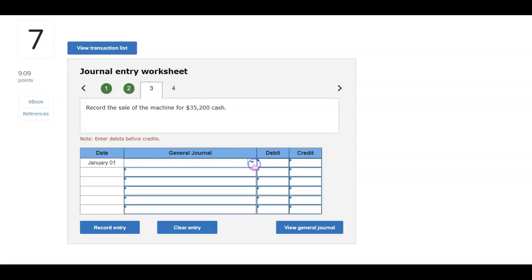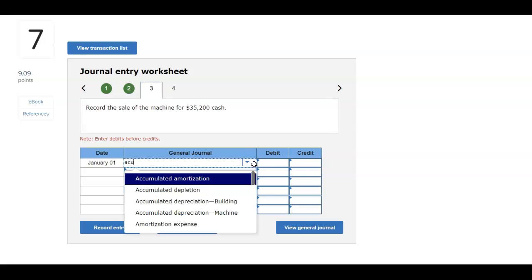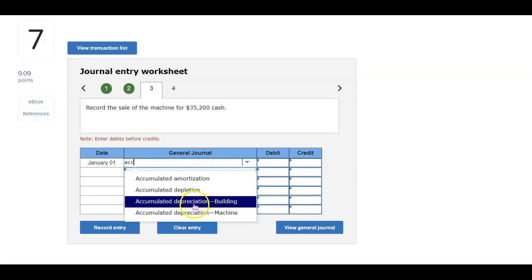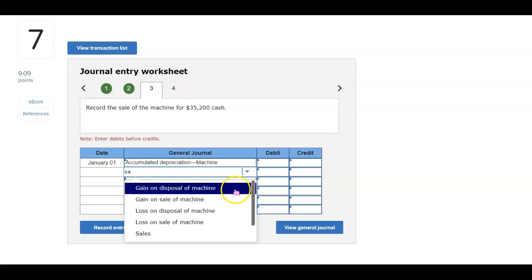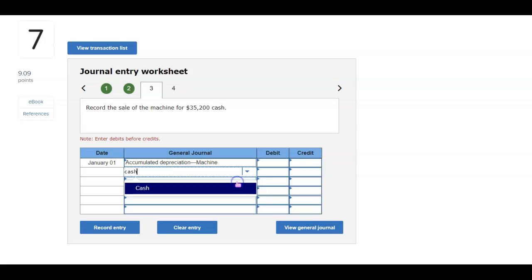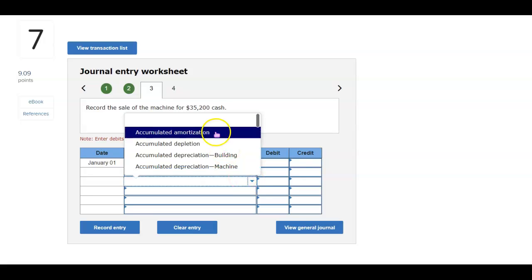So then we're not going to have a loss, but we will have accumulated machine. We'll have sale. No, we gain cash. And it doesn't count as a proper sale because it's not a good. We're changing an asset. To the best of my knowledge. We'll check that in a moment.